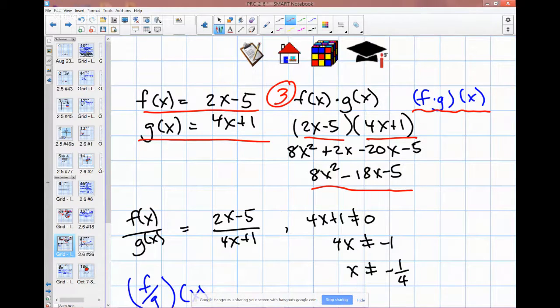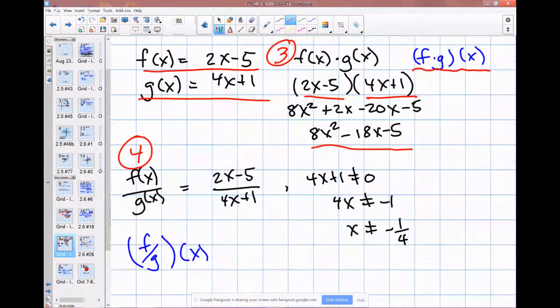And finally, the fourth operation: how do you divide functions? F of x divided by g of x. Well, you just put one over the other in fraction form. Here, there isn't a whole lot we can do, is there? Because of the addition and subtraction on the top and bottom, we can't actually calculate anything.